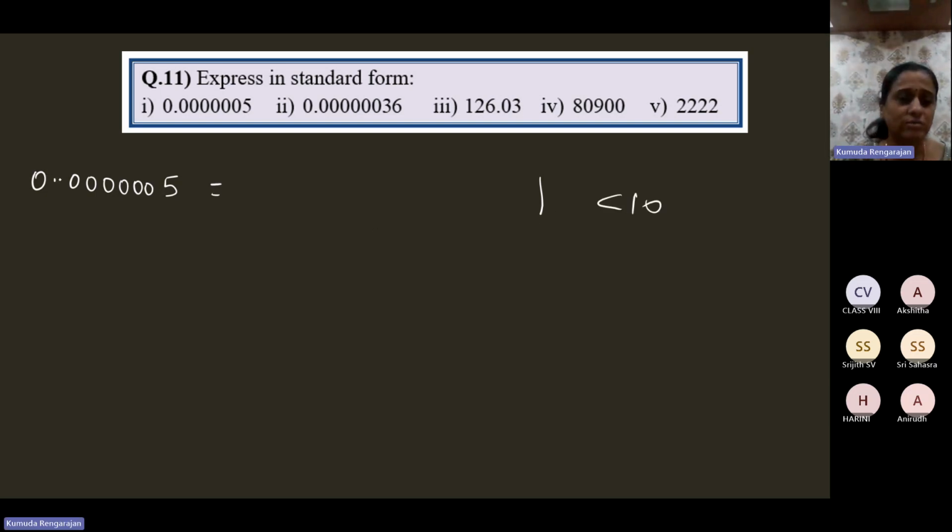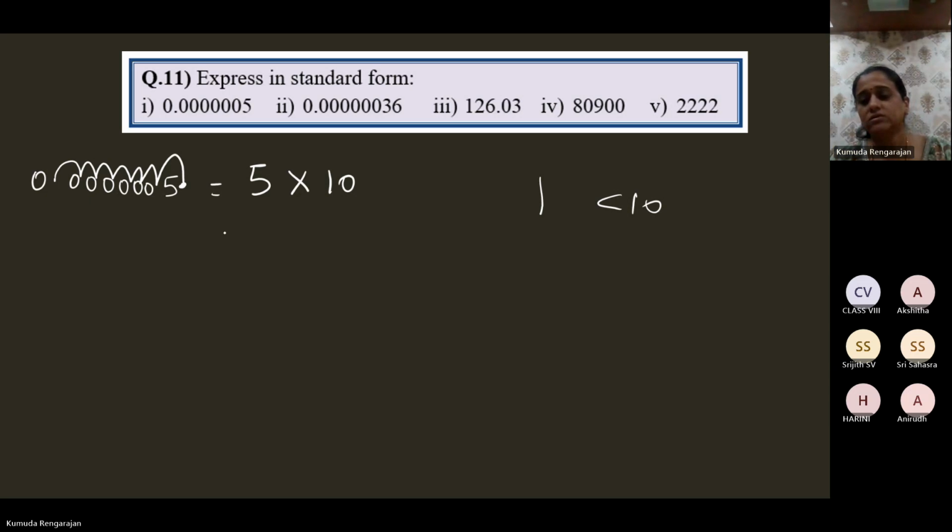Okay. So now this number, shift the decimal point. 1, 2, 3, 4, 5, 6, 7. When you bring the decimal point here, the number becomes 5, and 5 is between 1 and 10. Good. So we've got the first part. Into 10 to the power. The number given is small. You have increased its value to 5. So if you have already increased, raise 10 to a negative power.